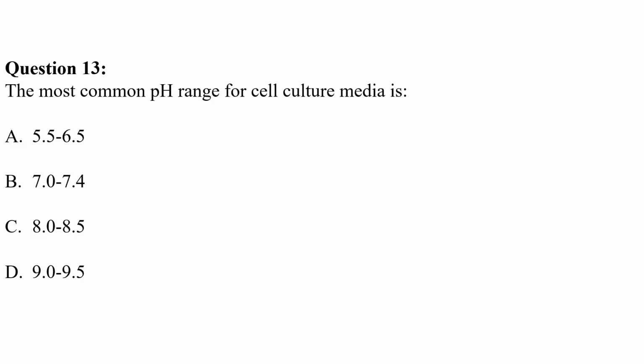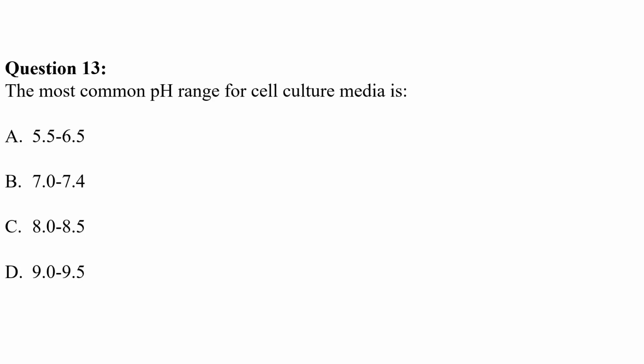So for cell culture medium, we generally maintain the pH at 7.0 to 7.4 unless there is some special requirement from a specific cell line. All the mammalian cells, as you know, inside our body also, this is the pH that is maintained by our body. So when we are culturing that cell outside, we need to maintain that particular pH.